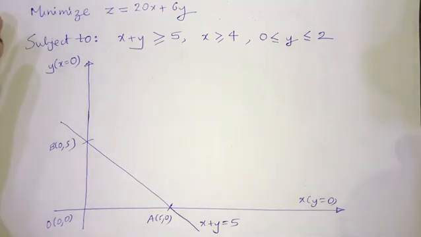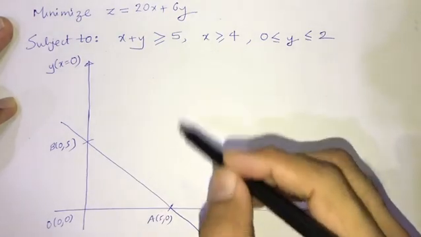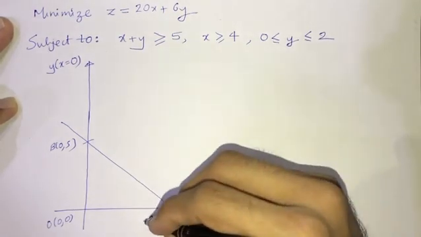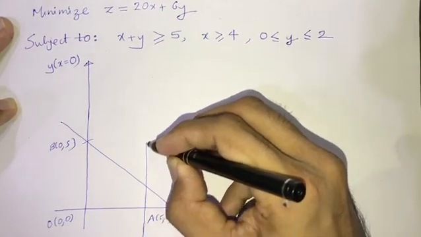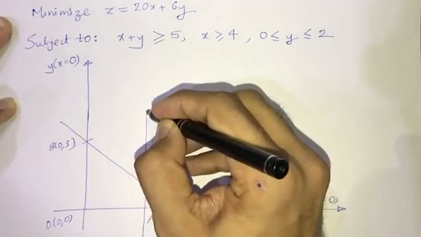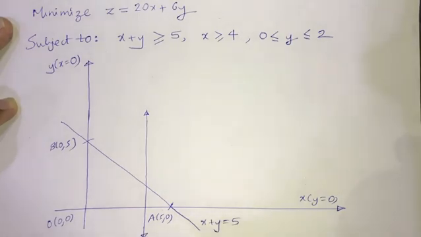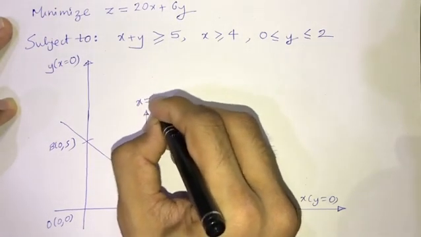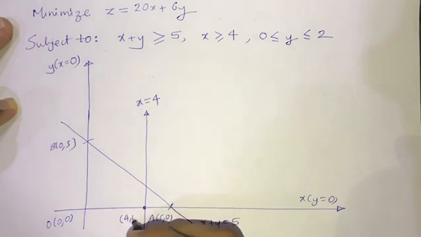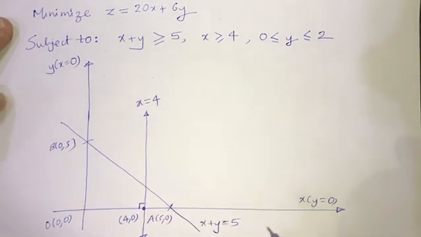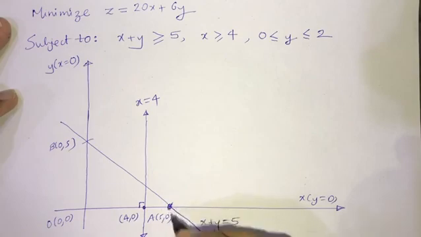Next says x has to be minimum 4. The next inequation says x has to be greater than or equal to 4. So the corresponding line is x equal to 4, which is a vertical line passing through 4 comma 0, perpendicular to the x-axis.